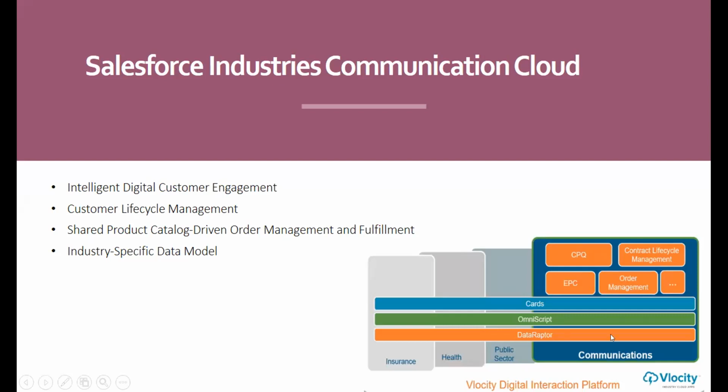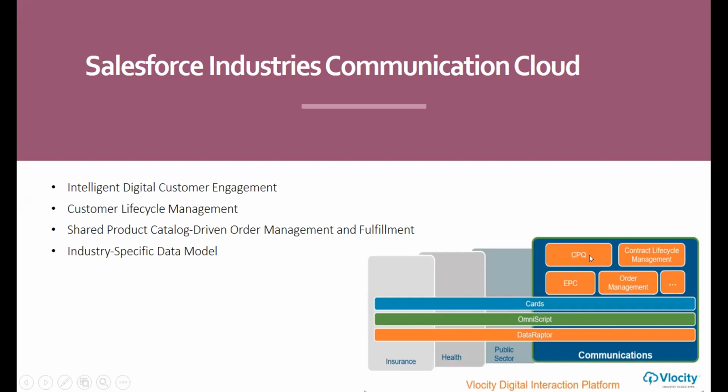If you see the diagram that I added, for the other domains like insurance, health, and public sector, and the communications domain, these three things are common: DataRaptors, OmniScript, and cards. With the help of these three, you can build a UI for other domains, but there are some additional features added specifically for the communications domain, that is CPQ and EPC.